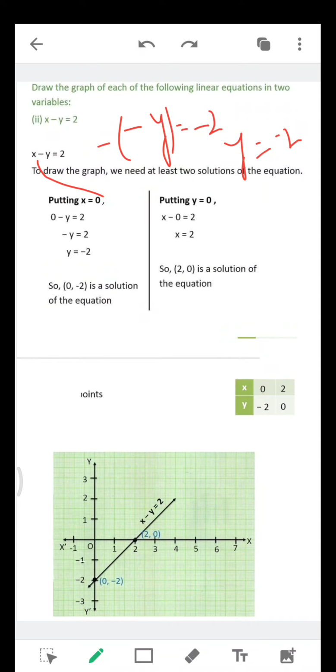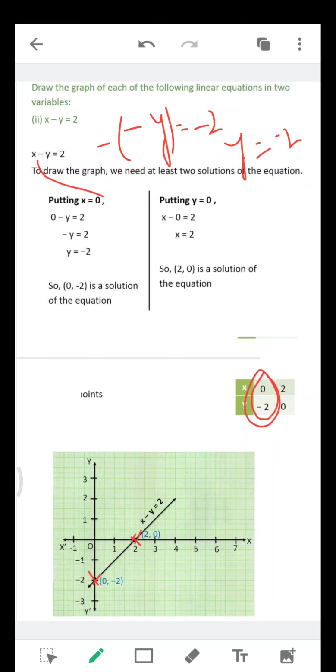So now I'll plot this on the graph again. Then 0 comma minus 2, the first one I'll plot. Where does it come? It comes on the negative y axis here. Then 2 comma 0, the second point, comes on the x axis.